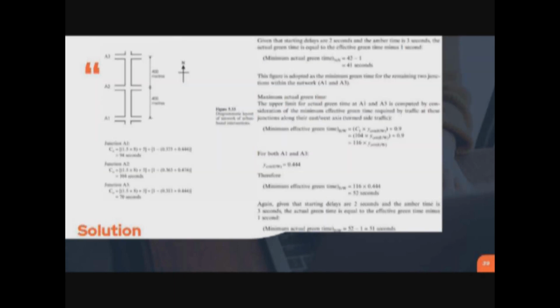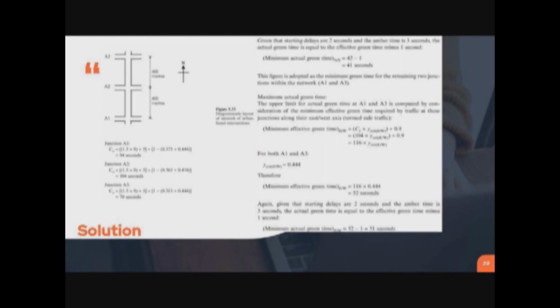Firstly, the optimum cycle time for each intersection must be calculated by applying equation 5.34 to the 3 sets of data in table 5.9. The values of y critical for each intersection in the network are indicated in table 5.9.